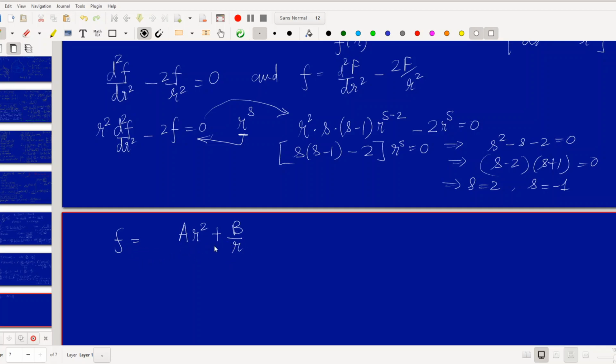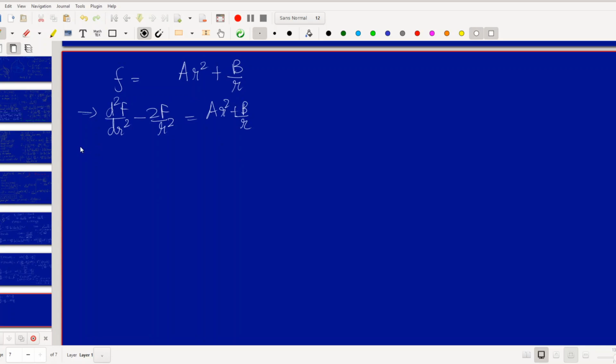Now this expression we substitute in this particular equation to find out eventually the solution for capital F. So d2 capital F/dr2 minus twice F by r square is equal to a r square plus b by r. So the homogeneous solution for F is again c r square plus d by r, because it has exactly the same structure as small f. Okay, there is nothing fancy about this.